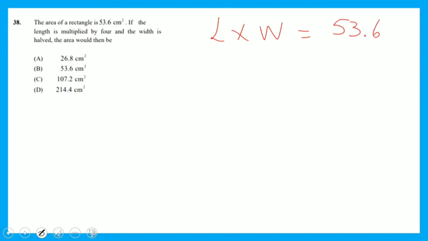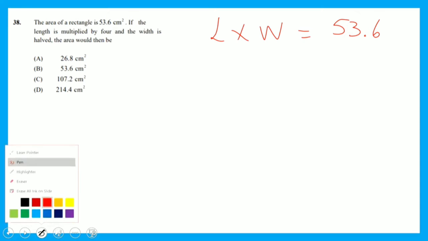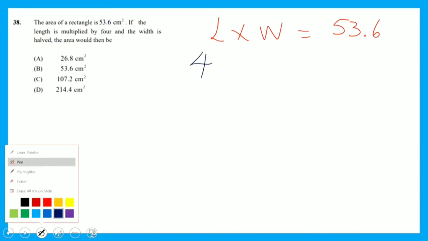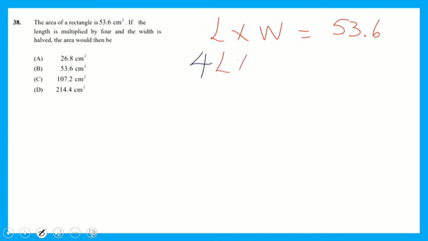All right, and then it says if the length is multiplied by 4. So let's say we have 4 times the length. Once we multiply that length by 4, then our answer now would be affected in the same way, right? So our answer would also be multiplied by 4.